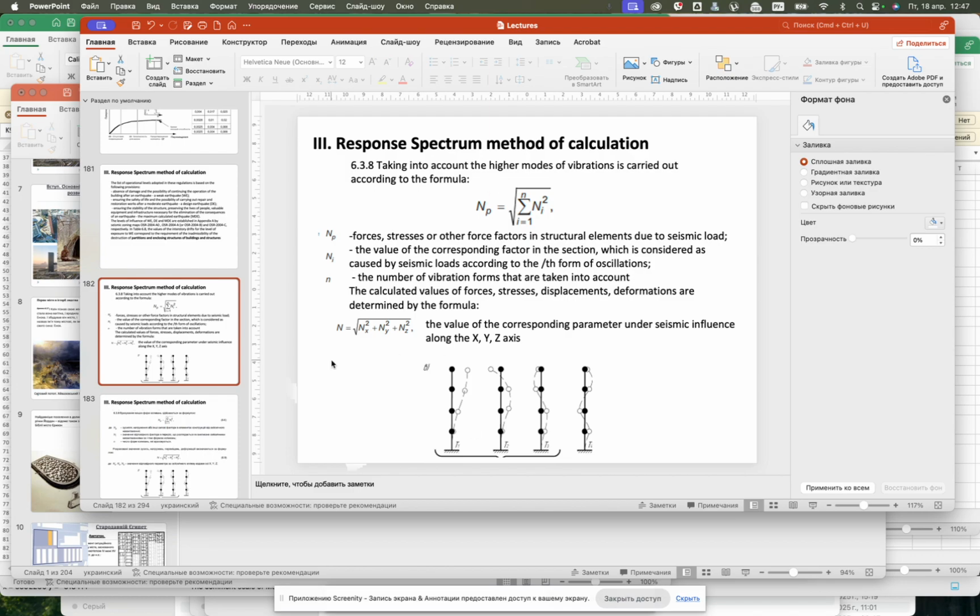One more additional thing that we also have to take into account when we are calculating a spatial structural scheme: in space we have the direction of the seismic force like this, like this, like this.